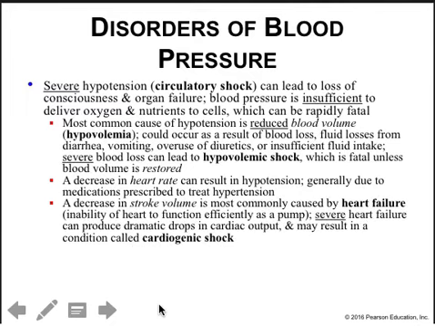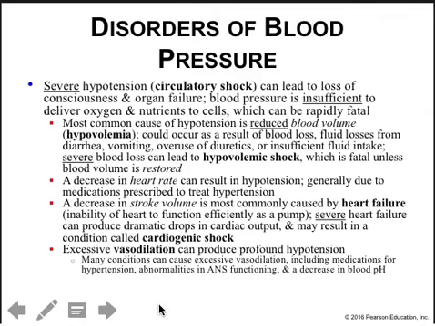A decrease in stroke volume is most commonly caused by heart failure, which is the inability of the heart to effectively pump. In severe heart failure, we can produce dramatic drops in cardiac output that can result in cardiogenic shock. Excessive vasodilation can produce profound hypotension as well.